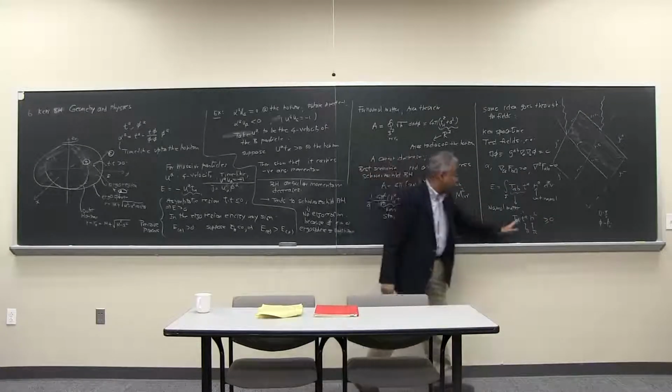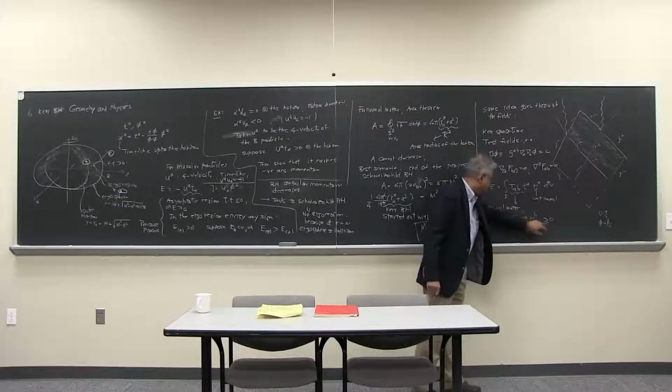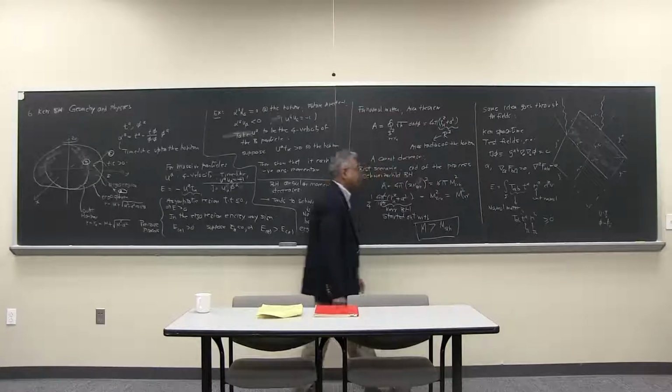It's strictly positive, and zero only if T_ab itself is zero.